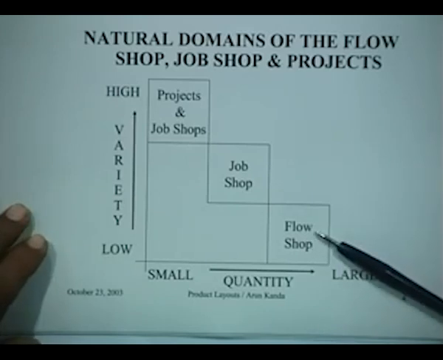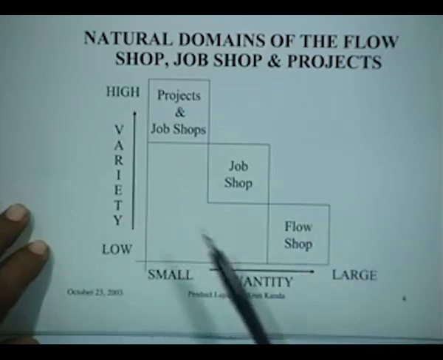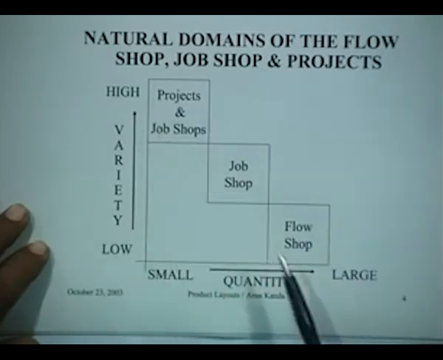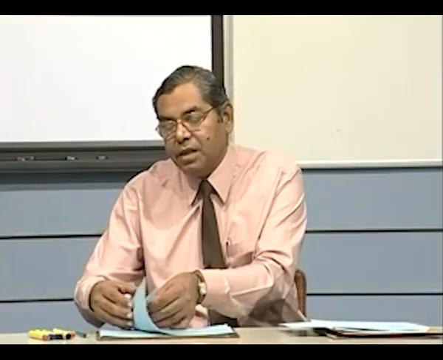So in such a case, you tend to use a layout which is generally called the product layout, or we'll see how assembly lines are designed for this kind of. So I think this point also to be kept in mind, that depending upon the natural requirements of variety and quantity, you choose the type of layout, and it could be a process layout or it could be a product layout as things are there.